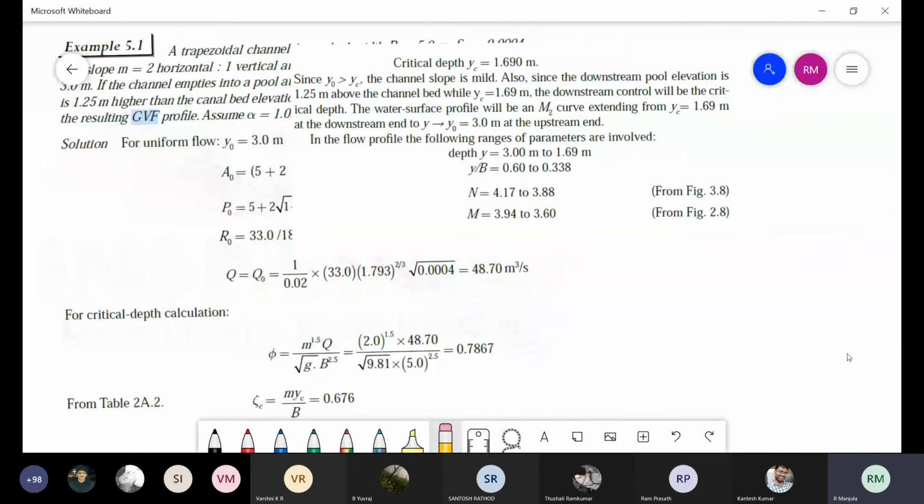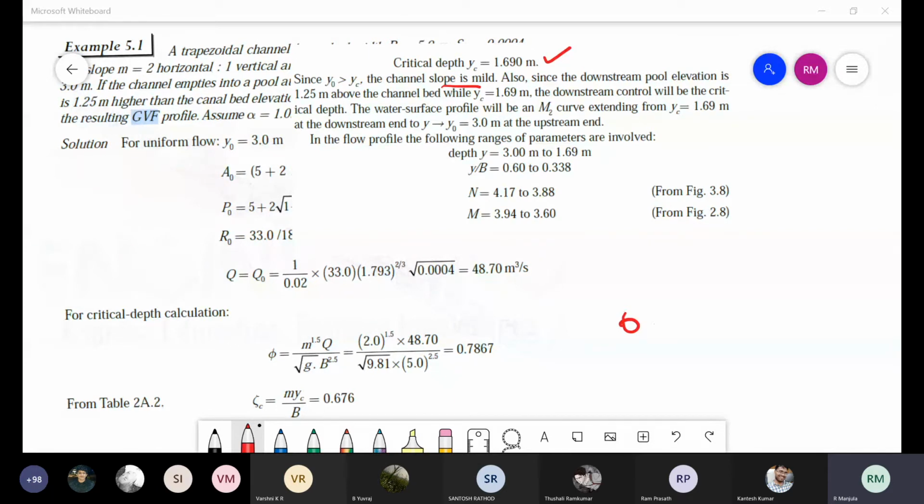You can see critical depth yc is 1.69 meter. Since our y0 is greater than yc, the channel slope is mild. So what is the value of y0 here? The value of y0 is 3 meter.